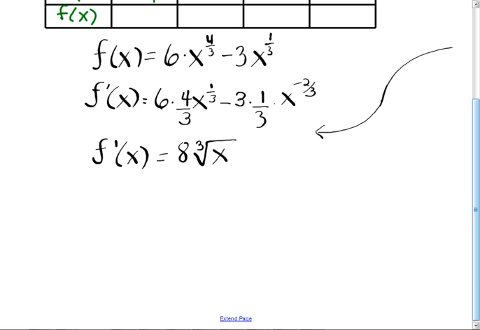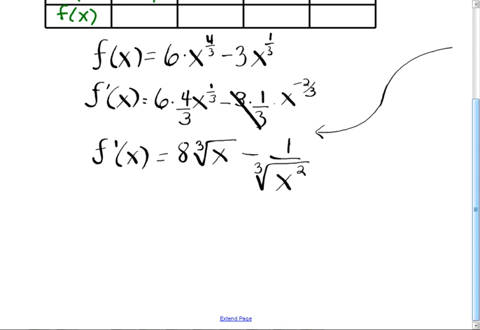Yes, you can do negative numbers. So it's minus. Now, what does the negative mean? It's going to go in the denominator. So it's 8 times the cube root of x, minus 1 over the cube root of x squared. That's your derivative. I feel much more comfortable when I look at that than the one above it.